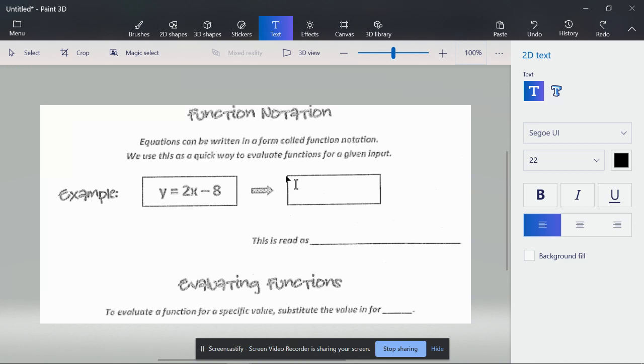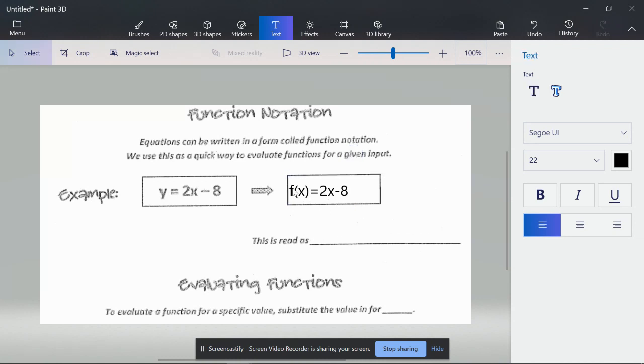So the main way that we're going to rewrite things, instead of having the y, we are going to write f parenthesis x close parenthesis, and then the rest of the equation is the same. So we write equals 2x minus 8.